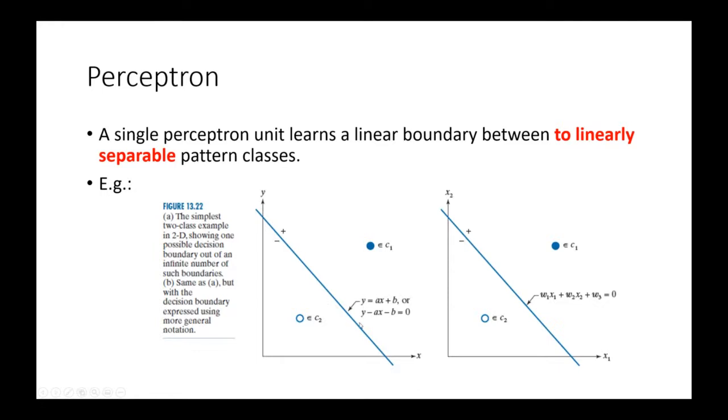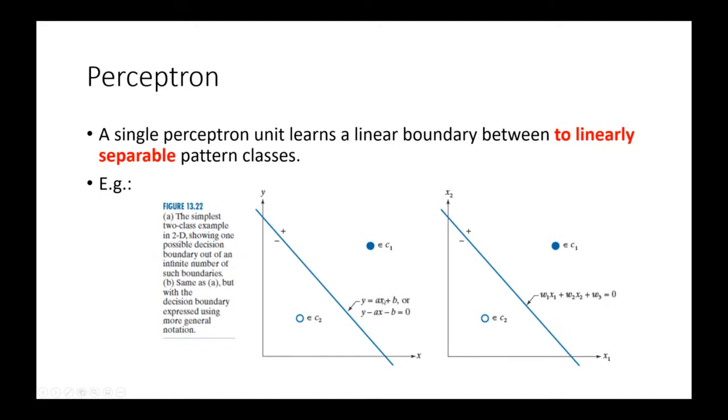So basically, what the perceptron learns is the function of a line. It's a linear function, right? It's the expression of a line.